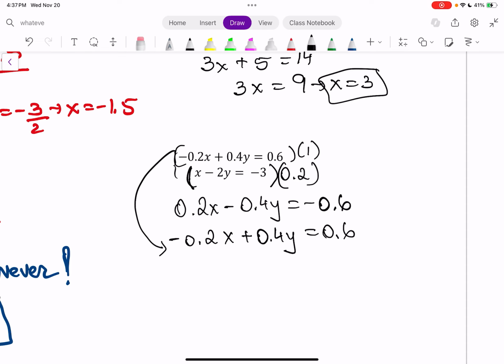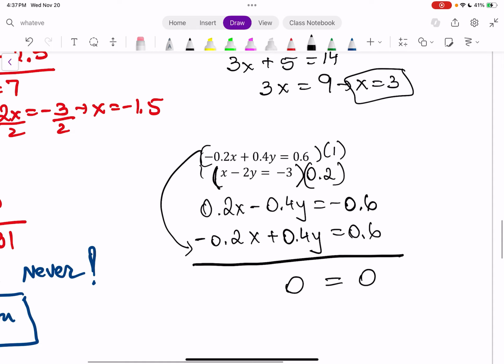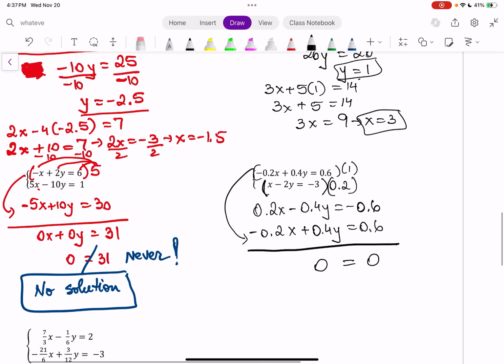3 times 0.2 is 0.6. Now this time, as I handpicked this one for you, no x, no y, all adds up to 0, but also we get 0 on the other side of the equal. So when does 0 ever equal 0? Well, that's always.